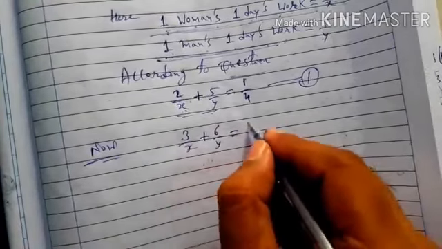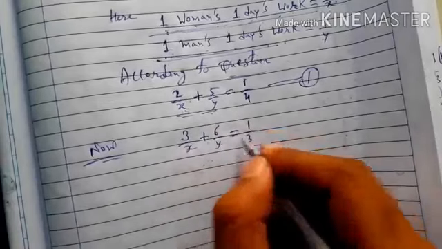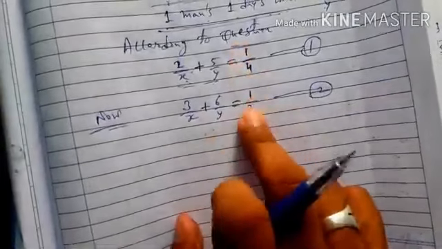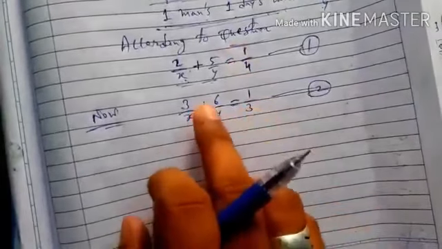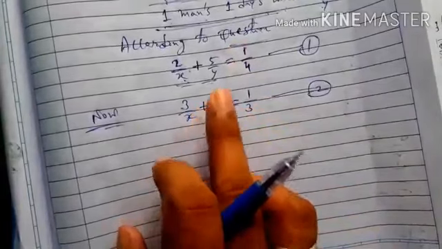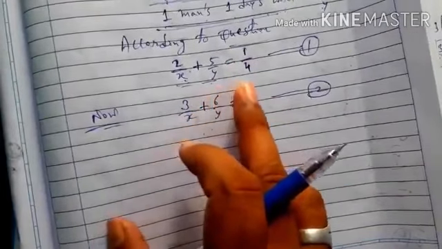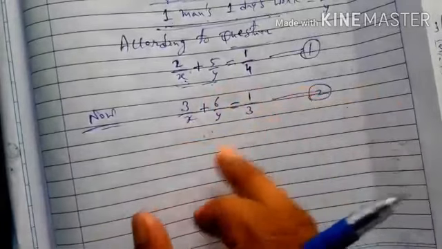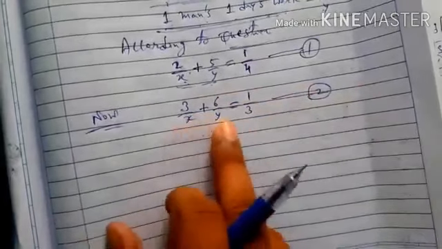So 1 day work is 1/3. So it is equation number 2. Now solve equations 1 and 2 by reducing them: take new variables, solve for their values, and find the values of x and y.